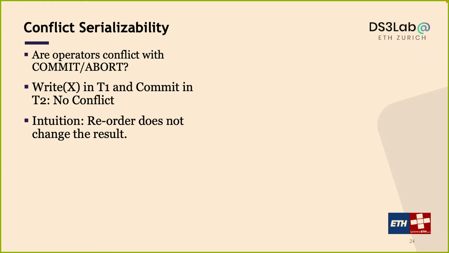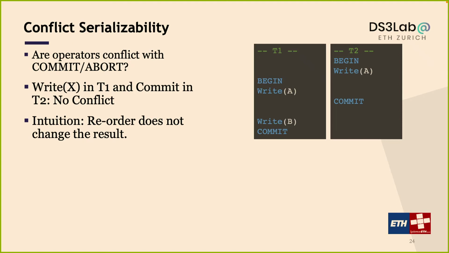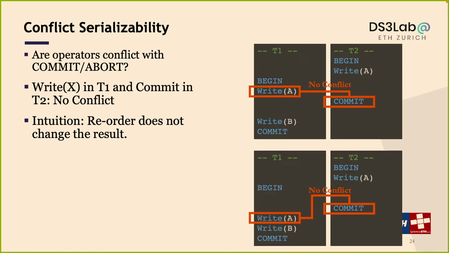You are able to reorder a write operation of X and a commit in another transaction. So here's the high-level idea. In this case, you have write A first, then you have commit. Looking at this pair and comparing that with a schedule that looks like this, there's no conflict. These two are going to give you the same thing.